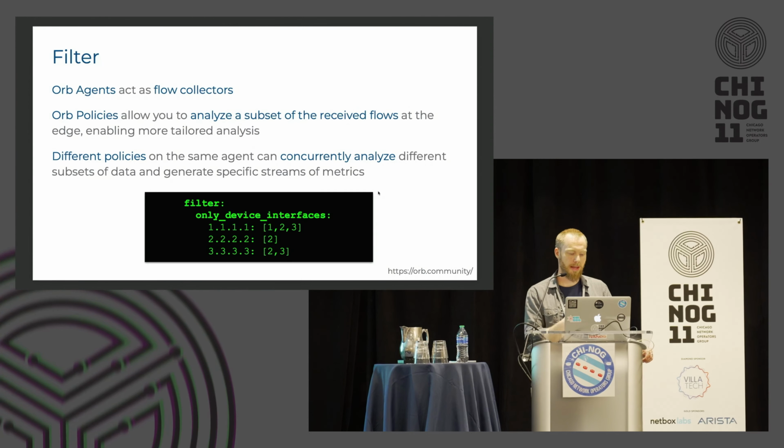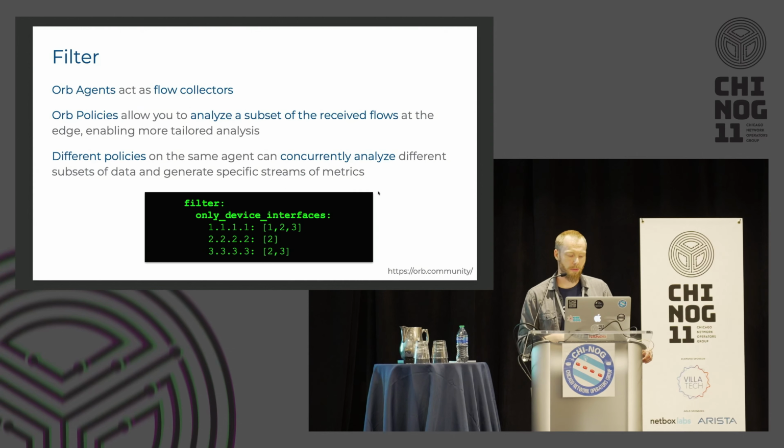So here's what it looks like to add a filtering clause to a policy. Right, so Orb agents wind up acting as flow collectors, and so you would run them potentially close to the devices you would like to collect flow from. And filtering allows you to analyze a subset of the flows that are going on. And so this is just one example of what you could limit that to.